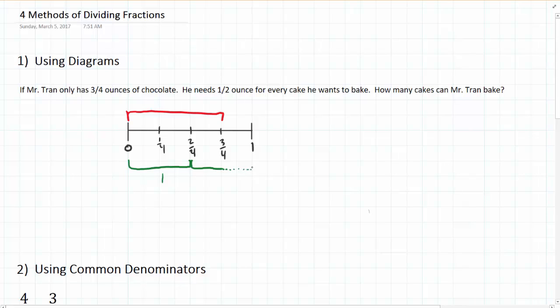We need to go all the way to the 1 for another one. So how much of another cake can we make? Well, if we look at the grouping, we can make 1 out of 2, 1/2 of another cake. So 3/4 divided by 1/2 is going to be 1 and 1/2.